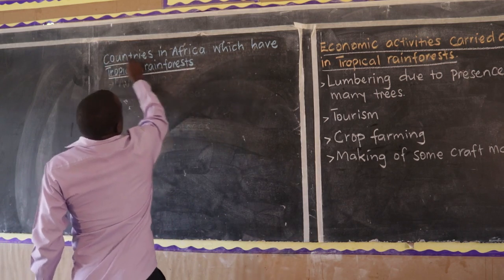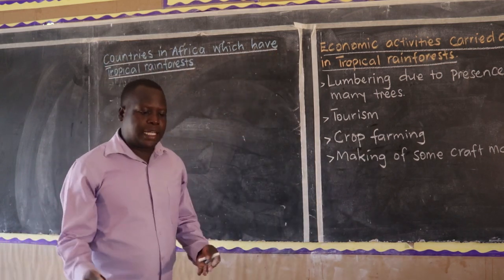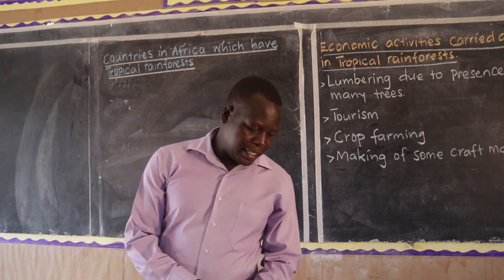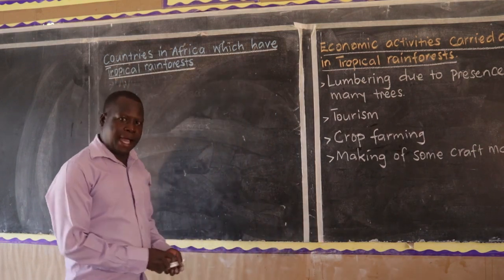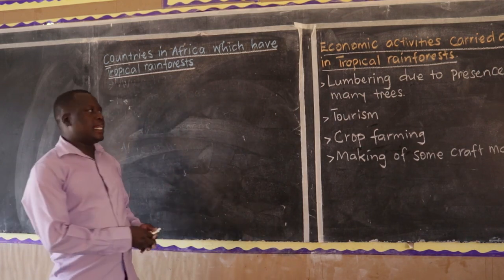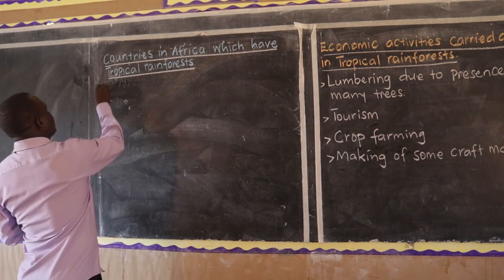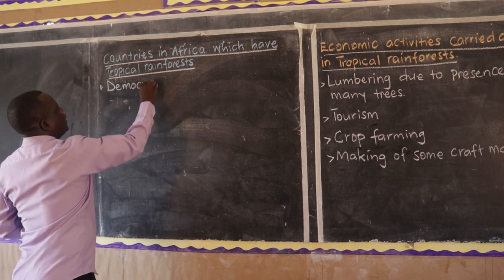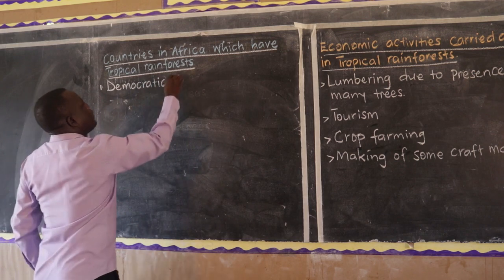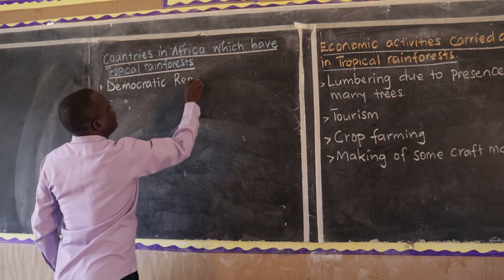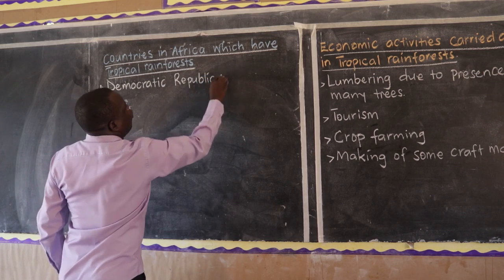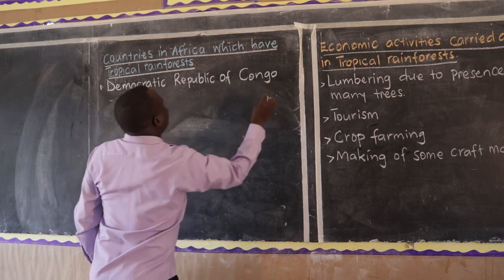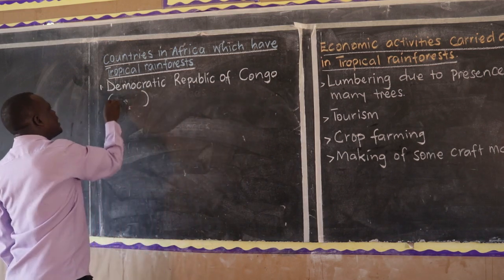If you are following exactly with your atlas, you'll be able to name some of the countries. We have the neighbor of Uganda to the west, and that is the Democratic Republic of Congo, shortly known as DRC.